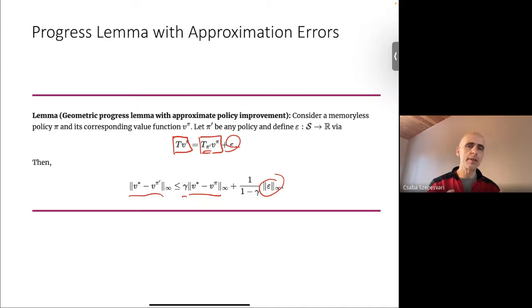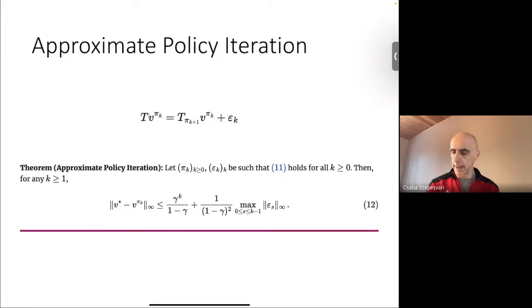And then once you have this result, you can just use the usual proof arguments with contractions and get a result that says that if you have now a sequence of policies that satisfy these relationships, so in every iteration there is a new policy produced, given pi of k you're getting pi of k plus 1, but there is an error introduced, and the error is accounted for there.